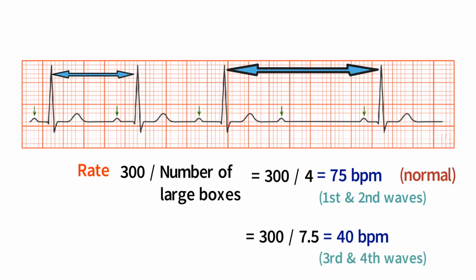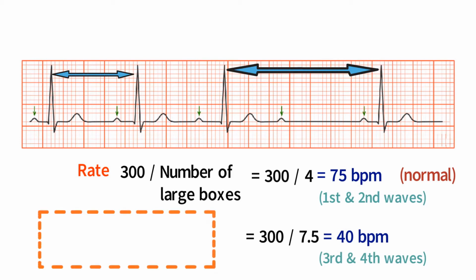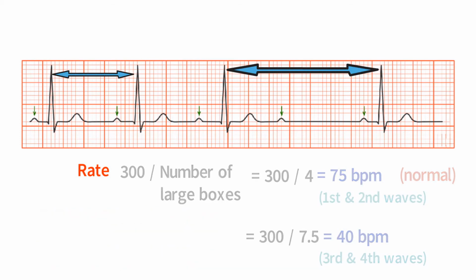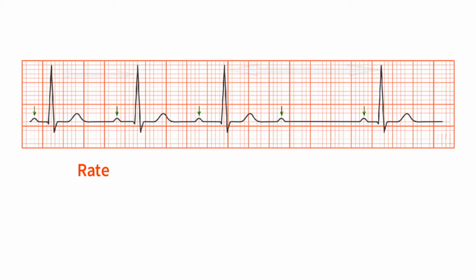So this means two things: that this patient is not having a regular rhythm because the interval between the first and second wave is not the same as between the third and fourth wave. And the other thing, that this patient may be having a bradycardia. So let's check other things in the rhythm, which is that there should be a QRS following every P wave.